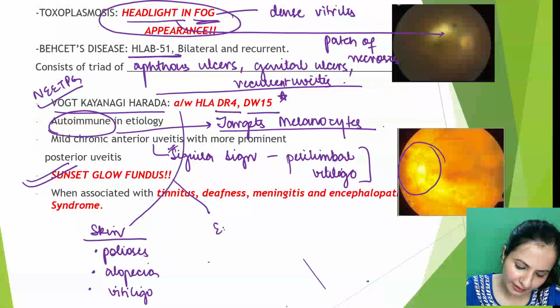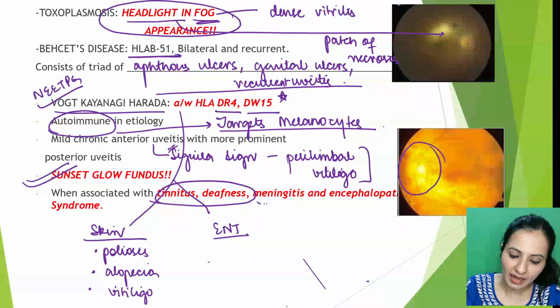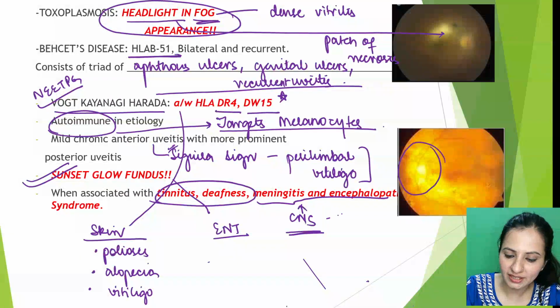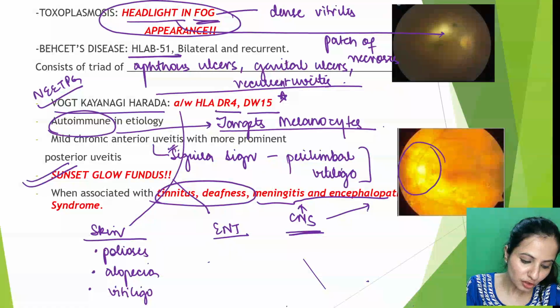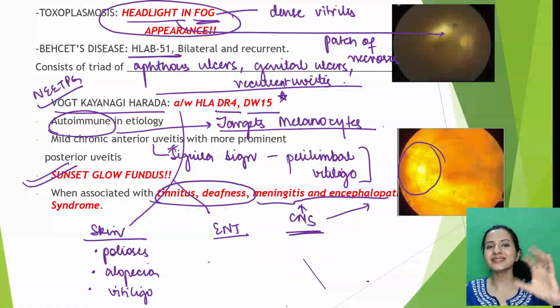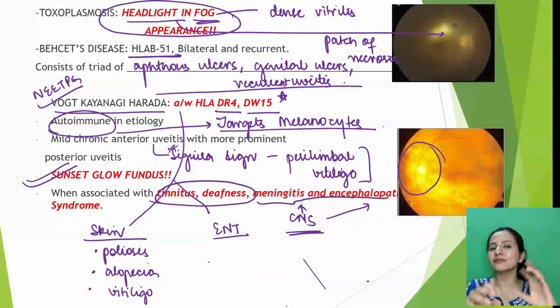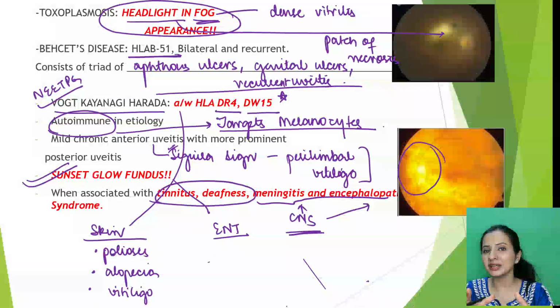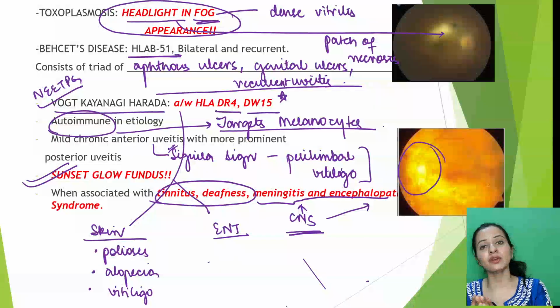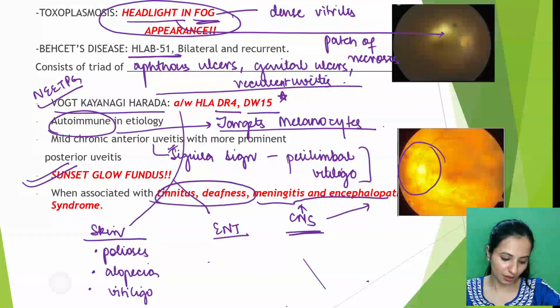In ENT, if we see, it leads to tinnitus and deafness. And if we look at the central nervous system, it causes meningitis and encephalopathy. So when you have skin, ENT and eye manifestation along with the CNS manifestation, everything together, then we call it VKH syndrome.